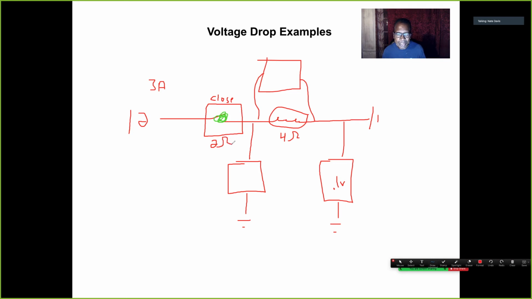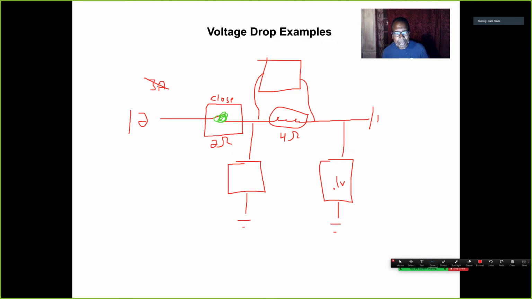And now remember, I know you cannot measure 2 ohms of resistance across the contact. I'm just doing it for the math. So this is not going to be 3 amps anymore because I got additional resistance. So I got 2 ohms, 4 ohms, 6 ohms total.